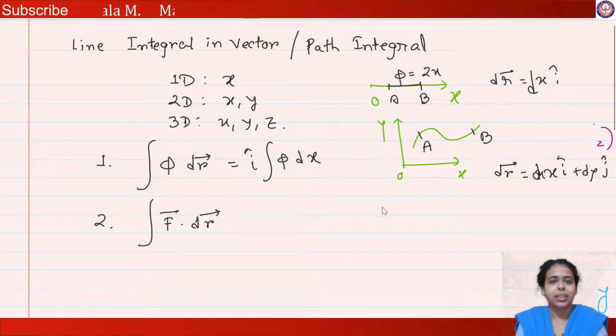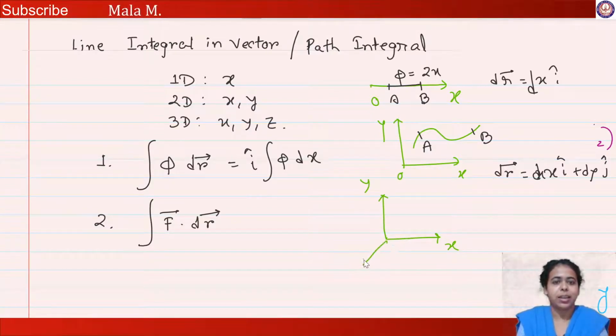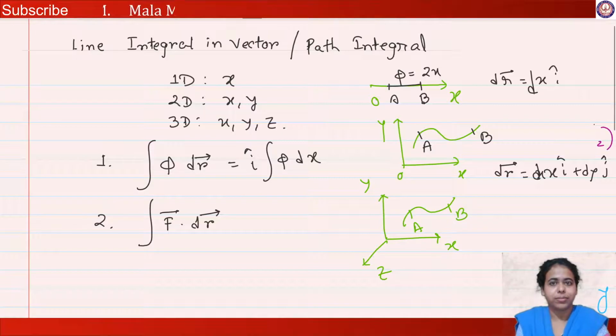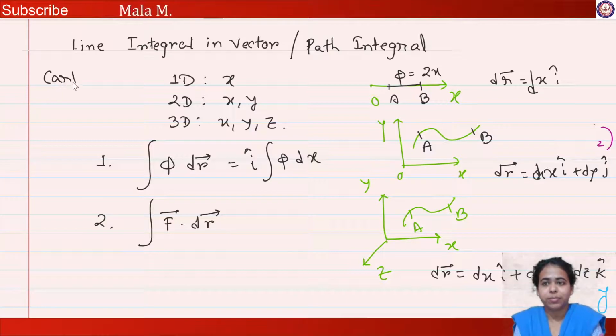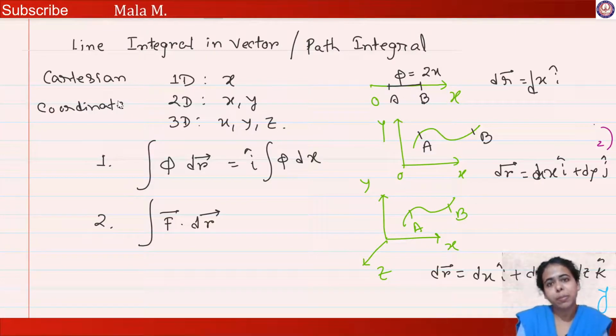And in 3D, dr will be dx i plus dy j plus dz k. Here dr will be dx i plus dy j plus dz k if we simply use the Cartesian coordinate. If you use a different coordinate system, the definition of dr will be changed.